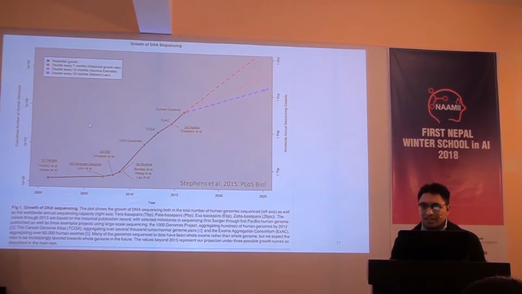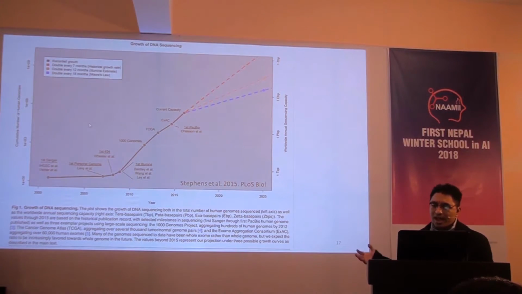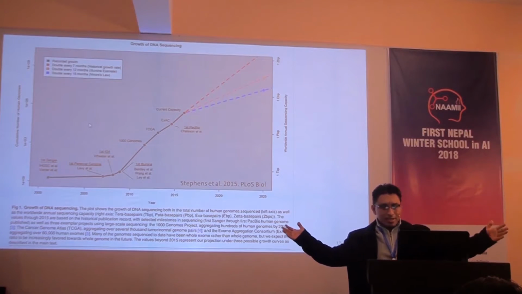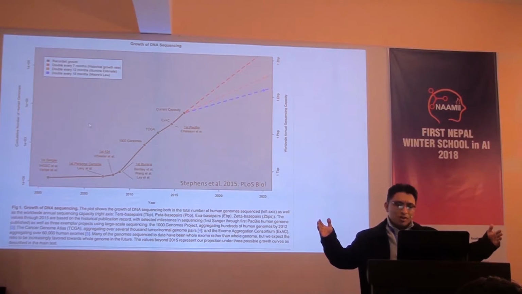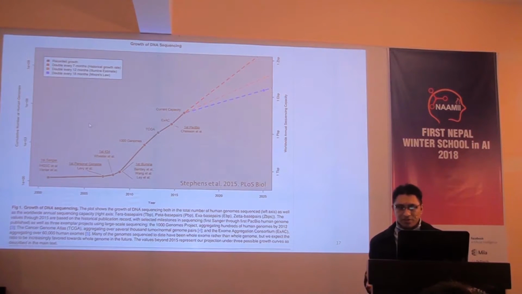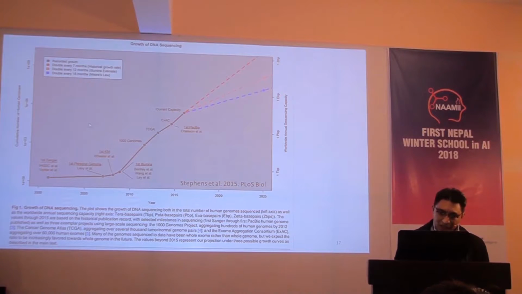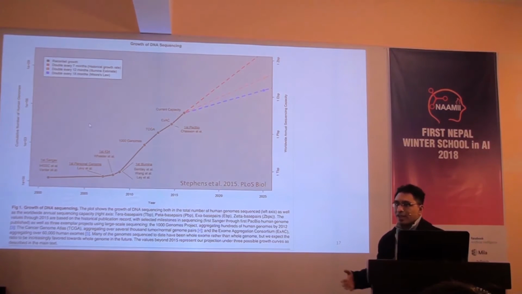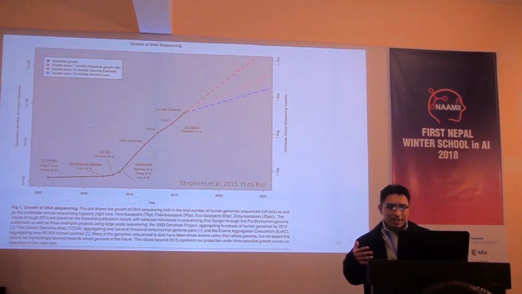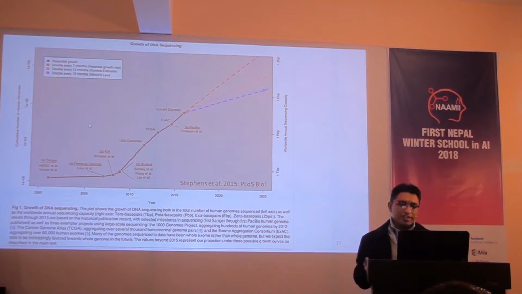At present, we have sequenced just under 1 million human genomes. I'm talking about the complete human DNA. So about 1 million individuals have already been sequenced. And in the next 5 to 10 years, new technologies will be introduced, and this will again push the growth of data.